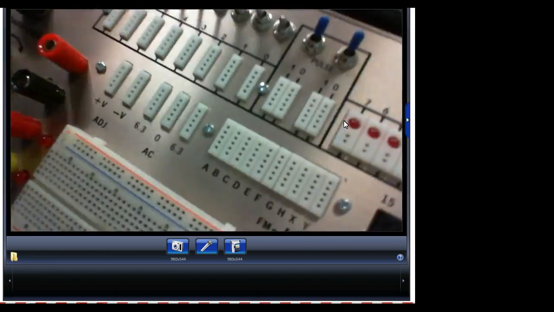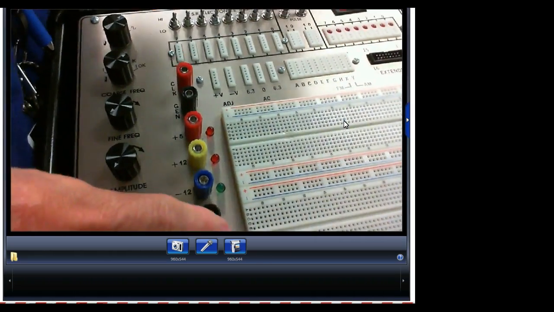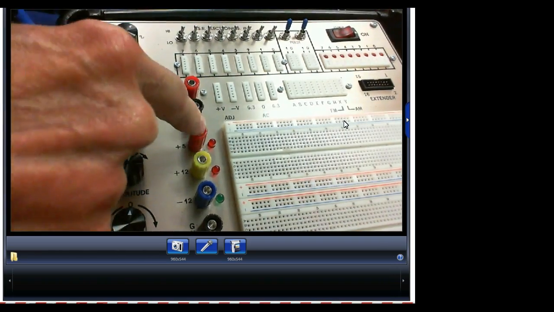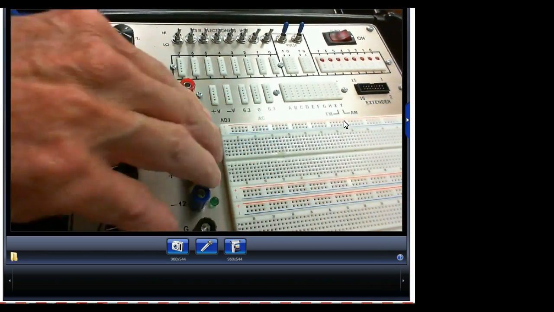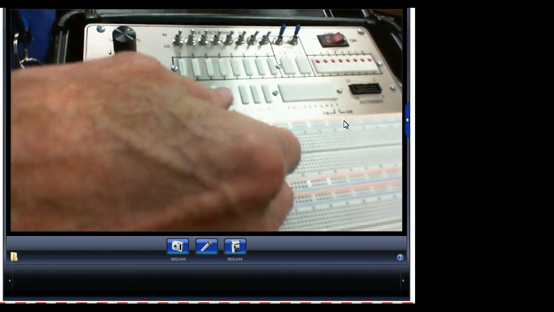But here are the power supplies that are available. So this is ground, and it's ground. We have a minus 12, we have a plus 12, we have a plus 5. So these are what we call fixed regulators. That means these guys, you can't vary them.